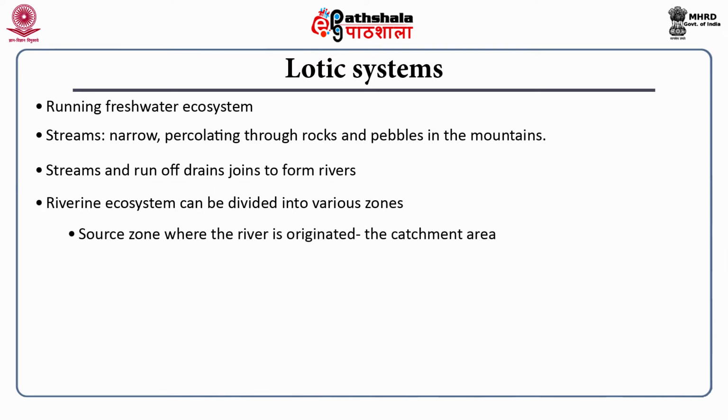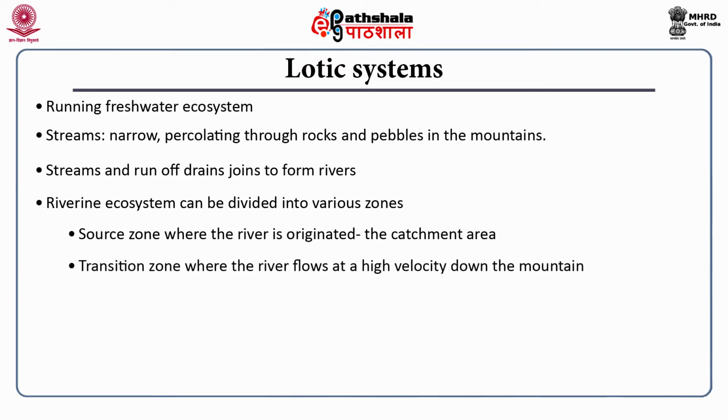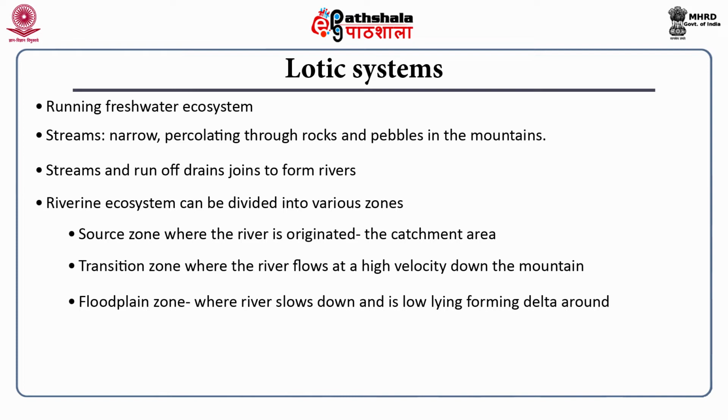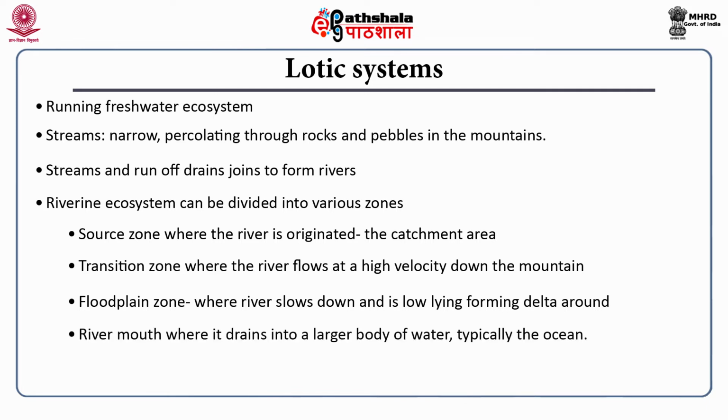Source zone, where the river originates, the catchment area of the rivers. Transition zone, where the river flows at a high velocity down the mountain. As you can see, most of the world's dams are in transition zones. Floodplain zone, where river flow slows down and is low lying, forming a delta. River mouth, where it drains into a large body of water, typically the ocean.